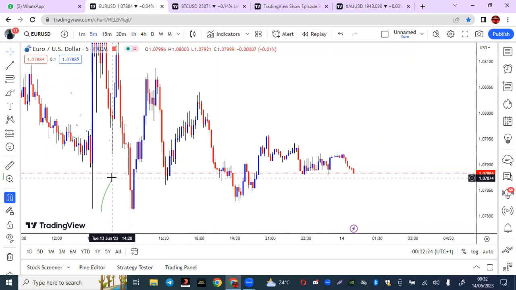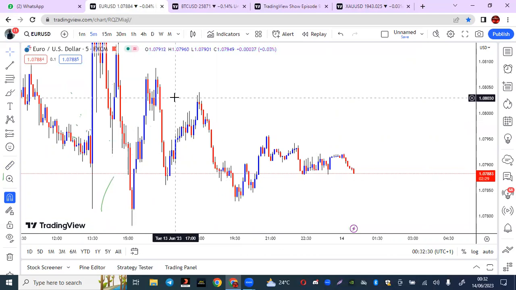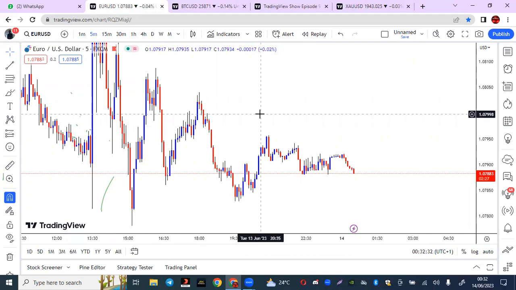The number of pips you lose determines the amount you are going to lose, and the number of pips you gain determines the amount you're going to gain. So we're also going to review how pips translate to money in Forex.